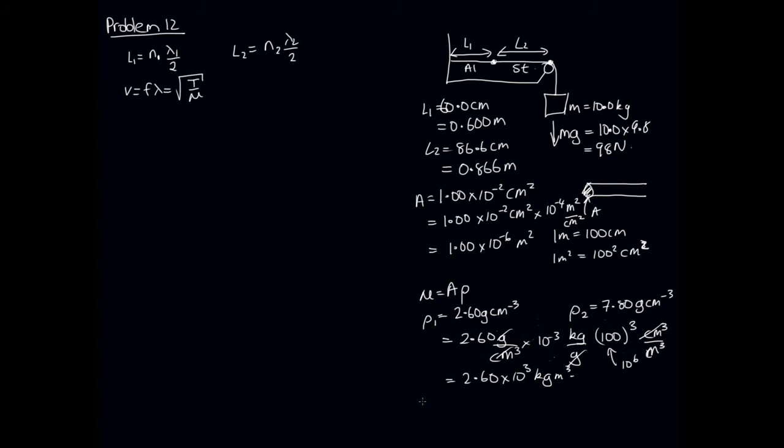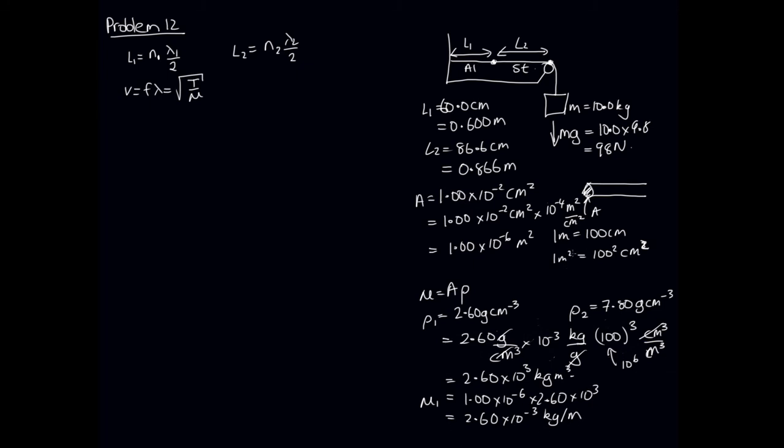And then what we can do is work out our linear density, mu1, which is A, the cross-sectional area, which is 1 times 10 to the minus 6, times 2.60 times 10 to the 3. And so this gives us 2.60 times 10 to the minus 3 kilograms per meter.